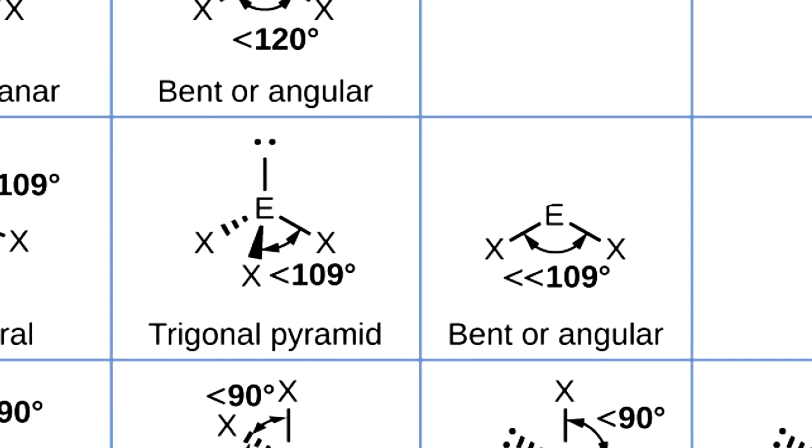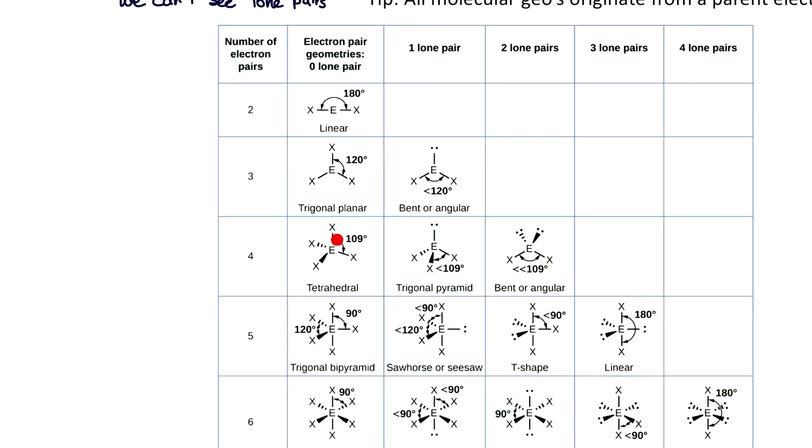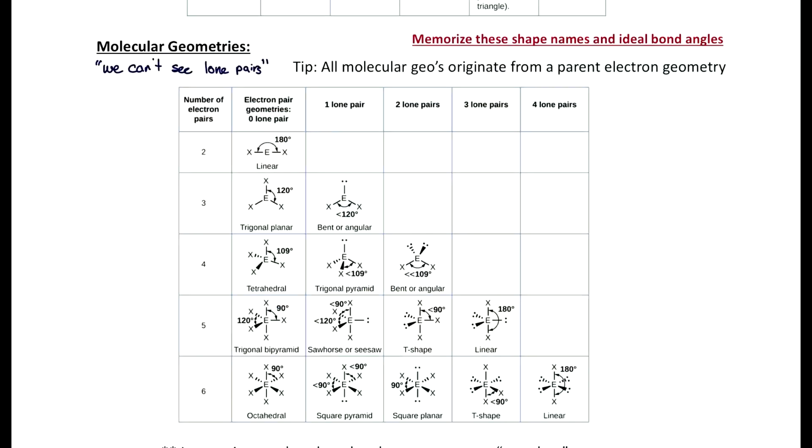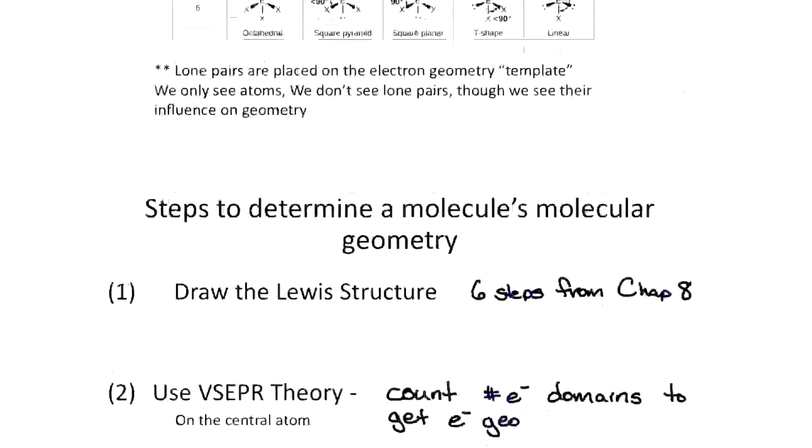So what we get left with is a bent shape. What oftentimes people think is, oh, if I put 2 lone pairs on a tetrahedron, I get something that's linear. Remember that these electron geometries are our template for our molecular geometries, and that's a common mistake that I see. So let's just go through some examples.